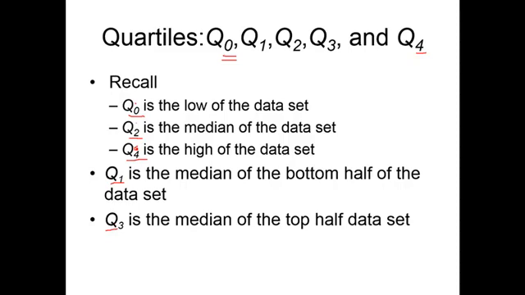So Q0 is a smaller value than Q1, Q1 is a smaller value than Q2, Q2 is a smaller value than Q3, and Q3 is a smaller value than Q4. It all makes sense.